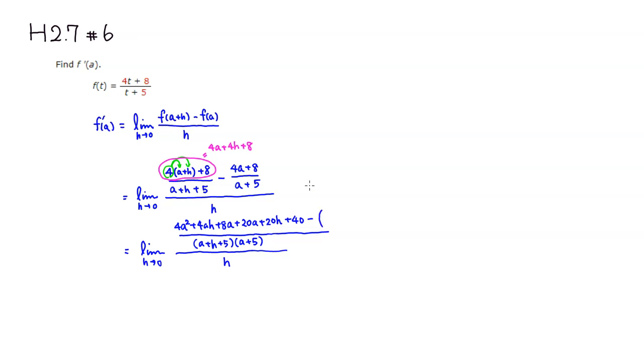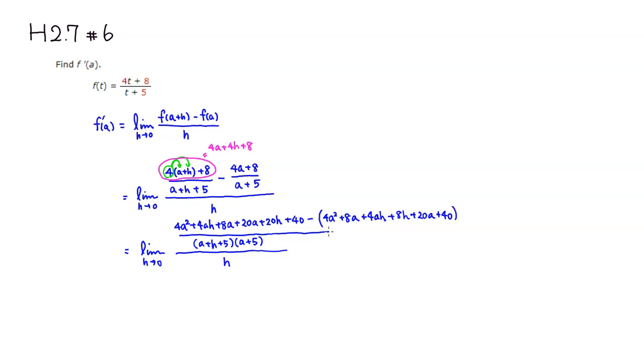I'll put parentheses. a times 4a is 4a squared, a times 8 is 8a, h times 4a is 4ah, h times 8 is 8h, and 5 times 4a is 20a, 5 times 8 is 40.